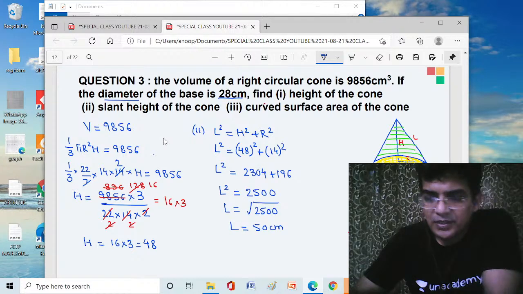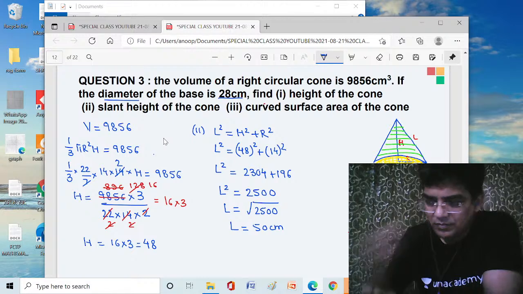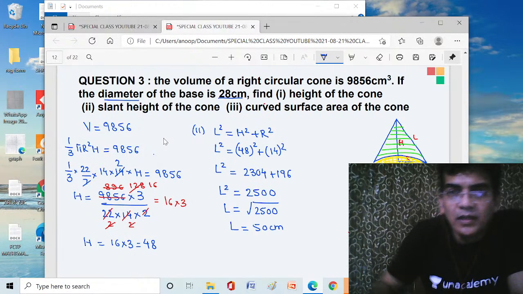You see, up till here, is this clear? And in the third part, they are asking us to calculate the curved surface area.